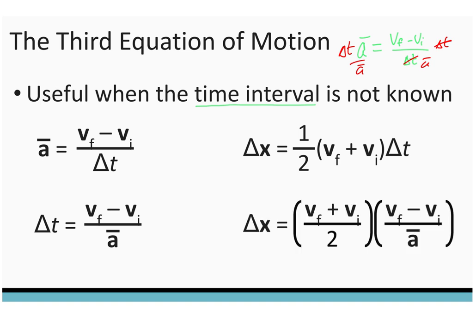I just put it over 2, by the way. So this whole group over 2 times what I replaced time with, all right? I took this equation and replaced my change in time with it. I just substituted. Now this looks hideous, by the way. This does not look good at all. So we're going to make this look a little bit simpler.